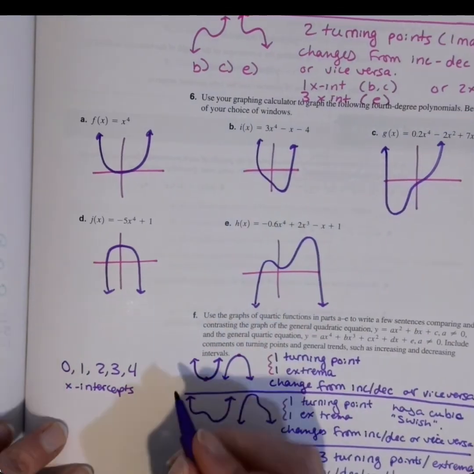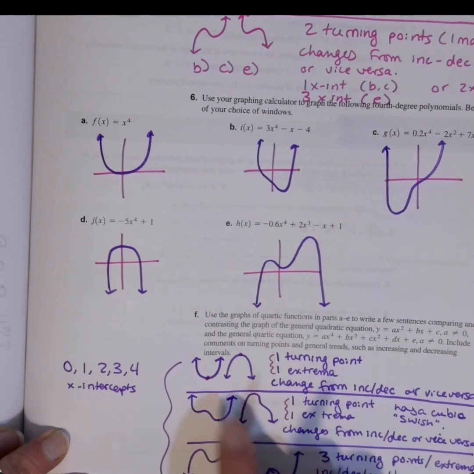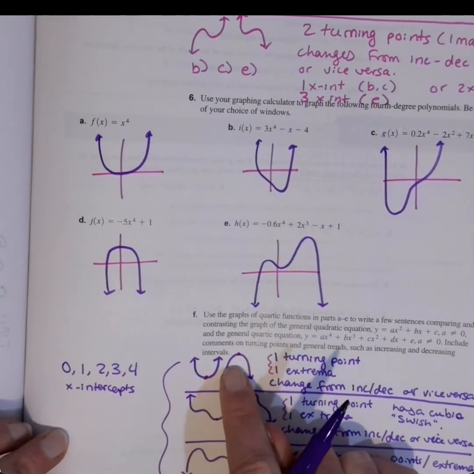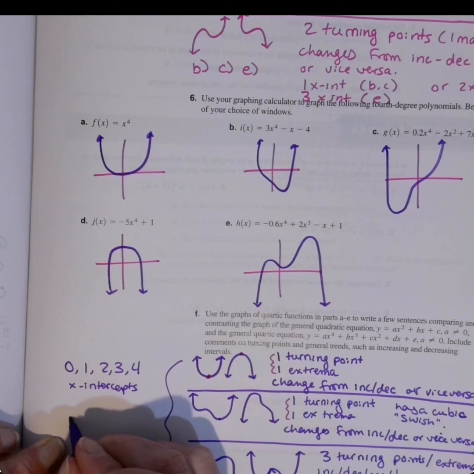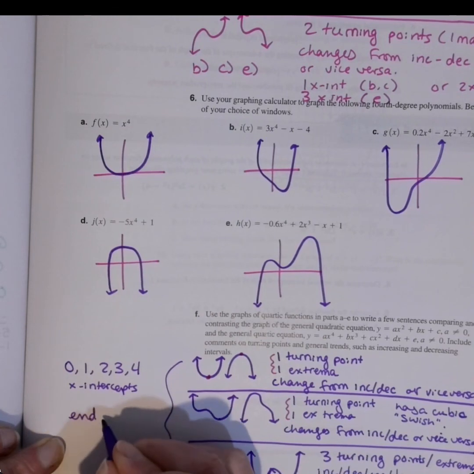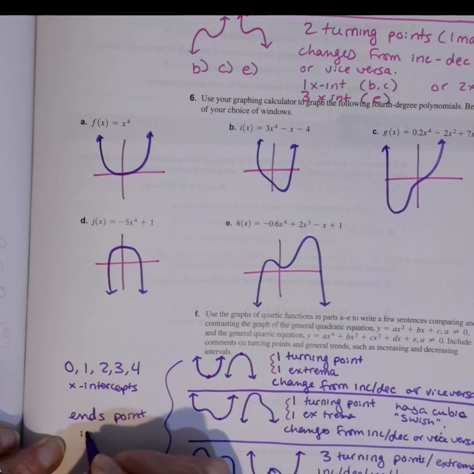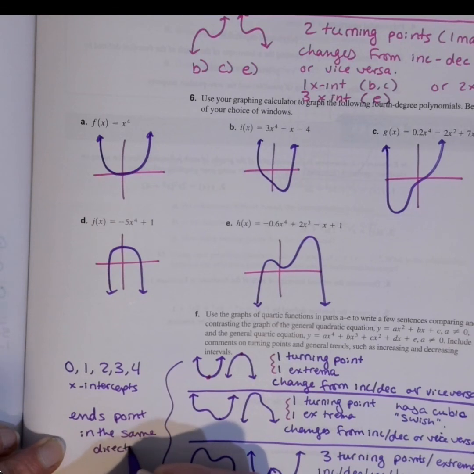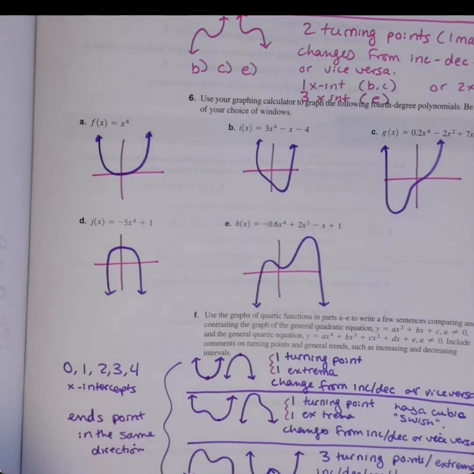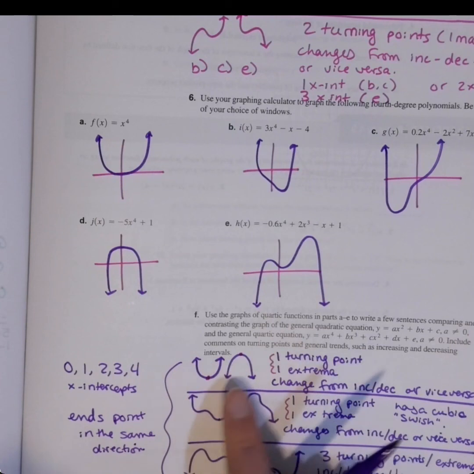One more thing to note about all of these shapes is that the ends of the graph point in the same direction. So they have the same end behavior. The ends point in the same direction, either both going up or both going down, right? Up, up, down, down, up, up, down, down.